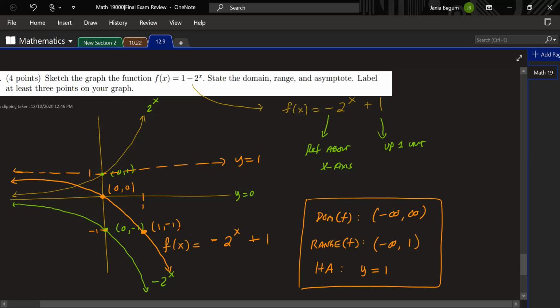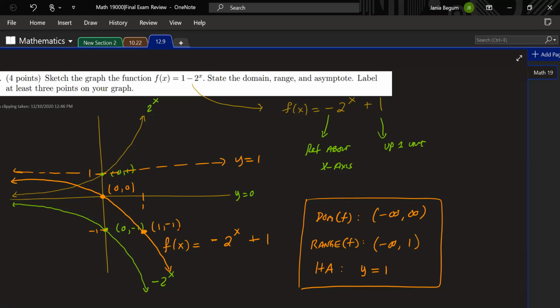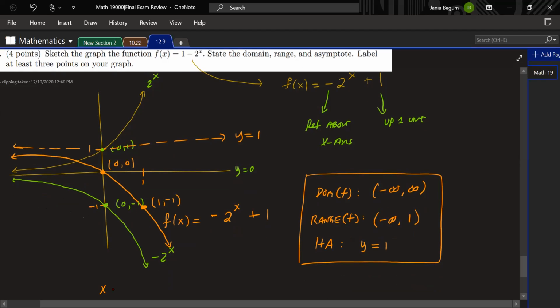And then I want to label one more point. Let's do -1, right? If x is -1, what do we have? So if x is -1, f of -1 is going to be 1 minus 2 to the -1, which is 1 minus 1/2, and that would be 1/2. So when x is -1, let's suppose this is -1, we have the point 1/2.